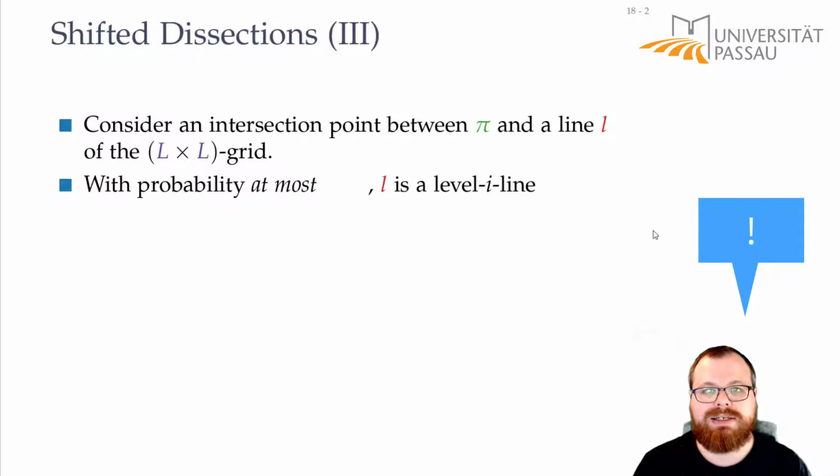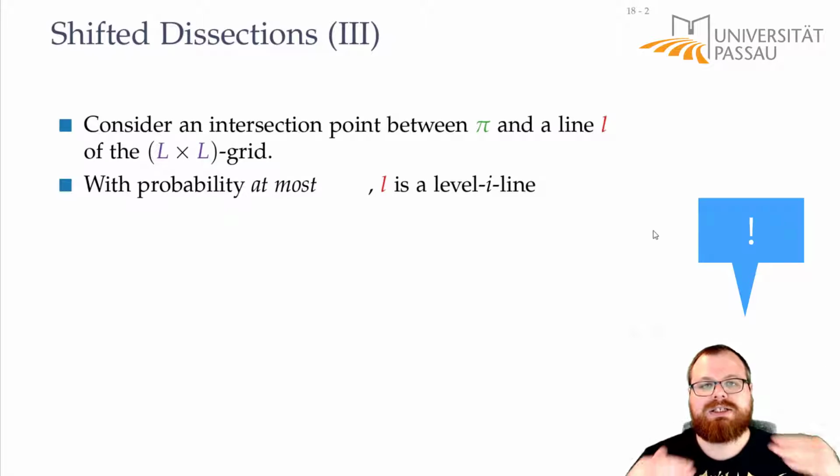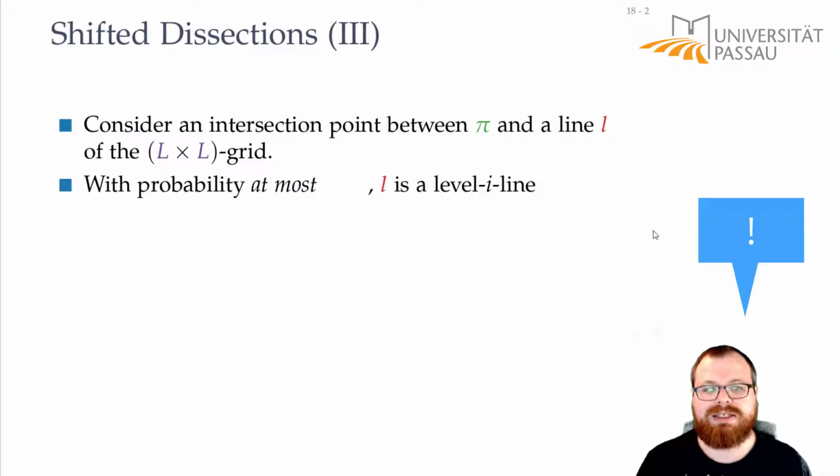But there are L lines in total, so the probability that the line that we cross is of level 0 is at most 1 over L. What about level 1? Well, there are 2 vertical and 2 horizontal lines, so the probability that we cross one of those is at most 2 over L. What about level 2? Well, now we have 4, so we have probability 4 over L. So for level I, we have probability 2 to the I over L that the line that we cross is of this level.